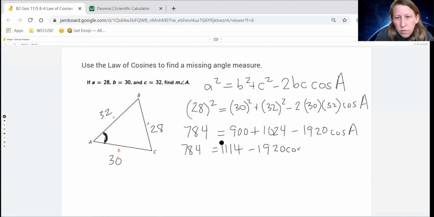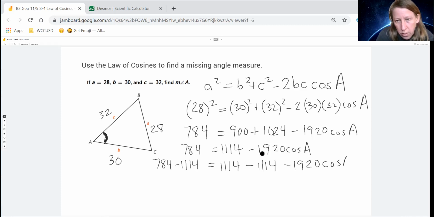All of this is one term. All of this is smushed together by multiplication. I'm going to take off 1114 on both sides, and I'm going to do it in the middle here because that's how I'm feeling at the moment. When I do that, this is my zero pair.